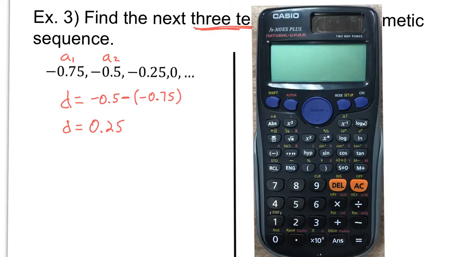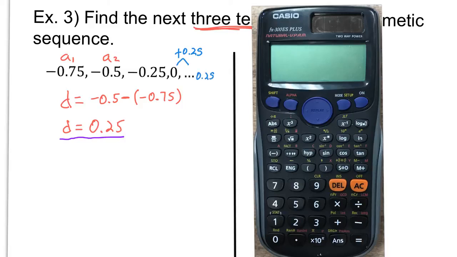So what that means is, since it's positive, we are adding 0.25. So the next one, you need to add. So here, after the 0, I need to add 0.25. So that's going to be 0 plus 0.25. It is 0.25.